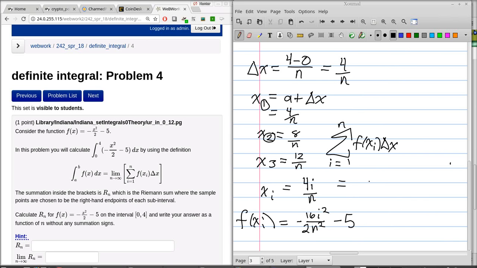So what we have here is the sum as i goes from 1 to n of 16 i squared over 2n squared. And I can just put a minus sign outside. Both of those are negative, so I'll take care of that just by putting the minus sign there. And then that will give me a plus 5. And all of this is times delta x, which is 4 over n.